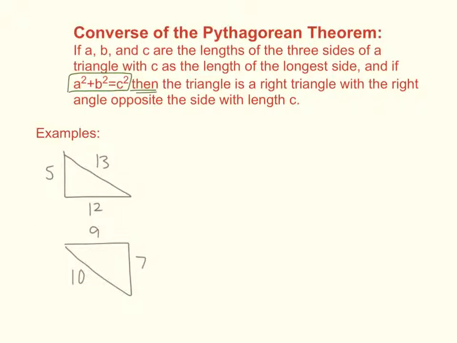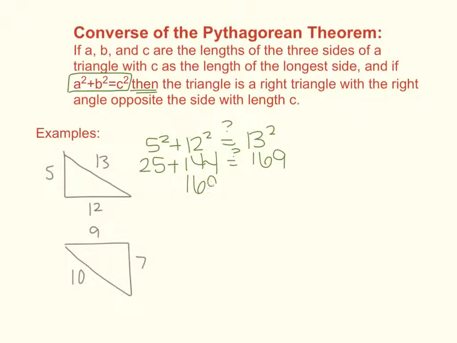So let's try this out. The longest side here is 13. So 5 squared plus 12 squared, does that equal, I don't know, that's why I put a question mark, 13 squared? Well, 25 plus 144. Does that equal 169? Well, yes, 169 equals 169.